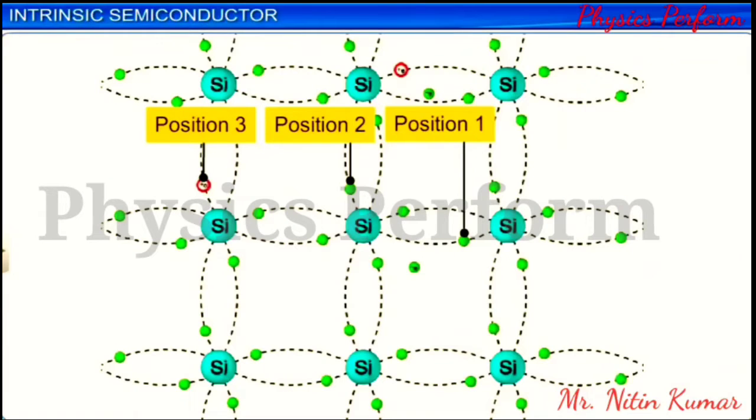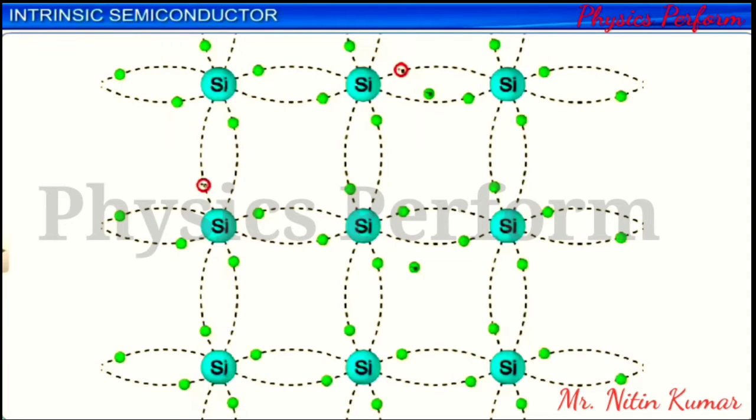As a result of such jumps of electrons across covalent bonds, the holes or vacancies appear to move across the crystal lattice of a semiconductor. Note that the movement of holes occurs because of the movement of electrons across covalent bonds in a semiconductor, and not because of the movement of free electrons.